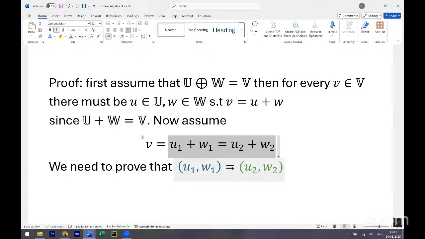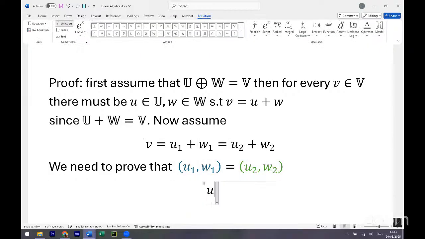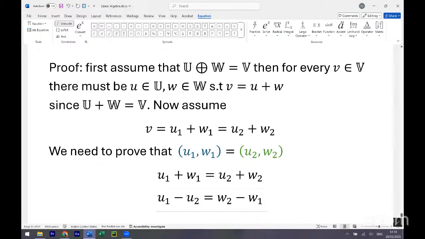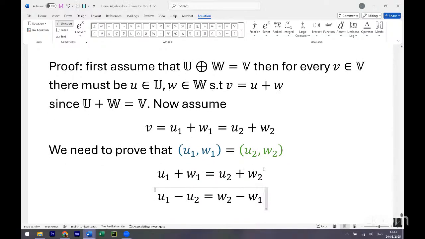I'll give you a hint as to the first step. We'll move these vector signs. Since we know U1 plus W1 equals U2 plus W2, we can say that U1 minus U2 equals W2 minus W1. Do you agree with that step?